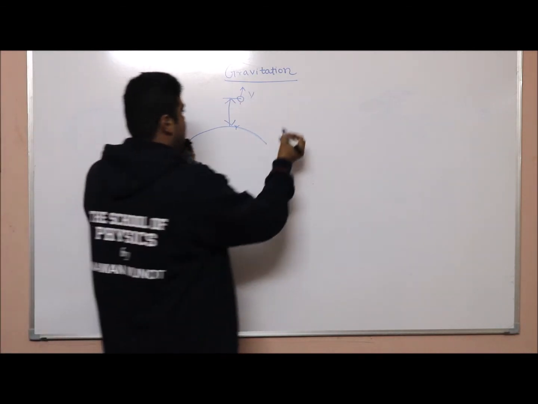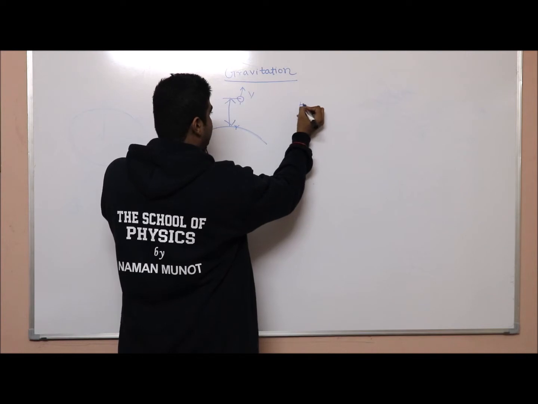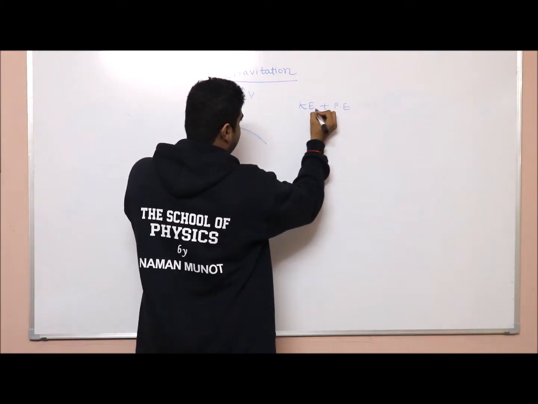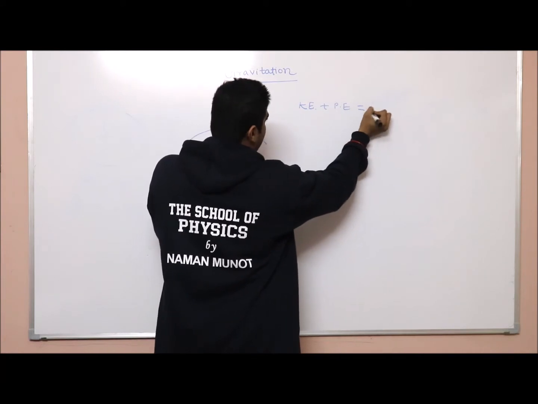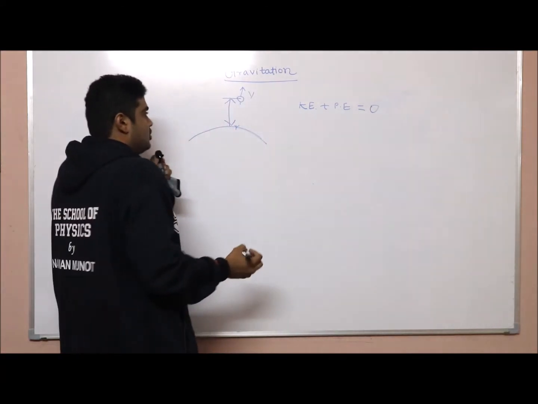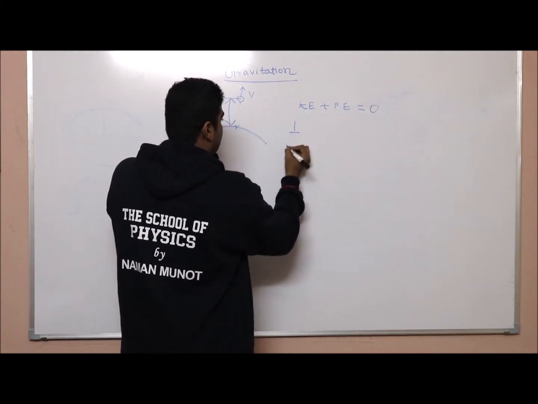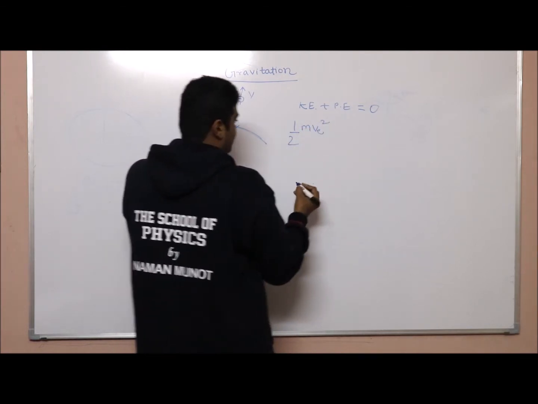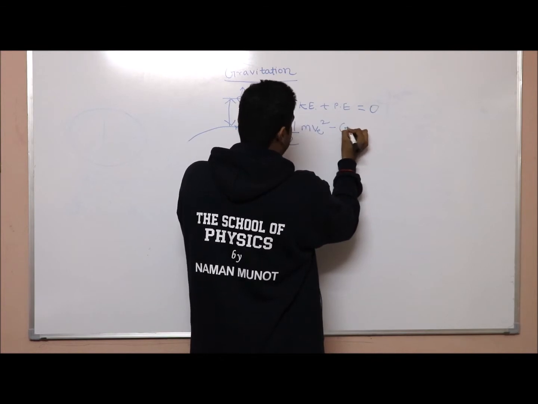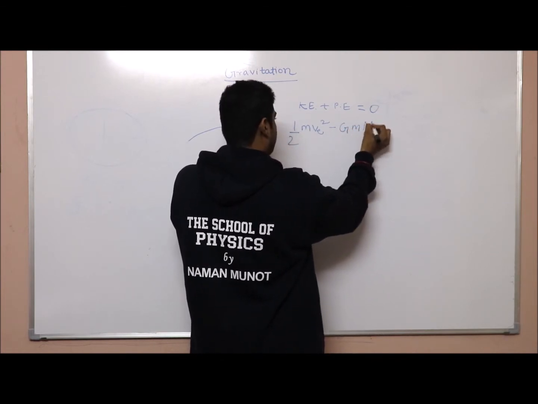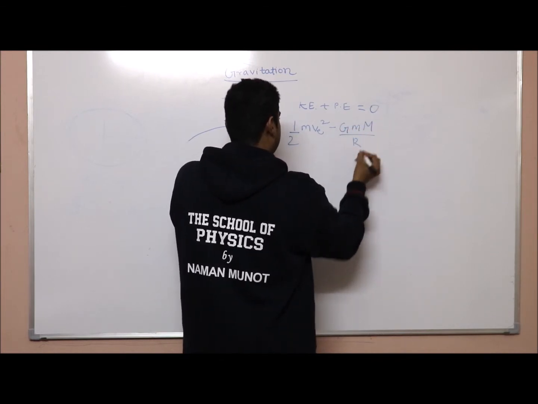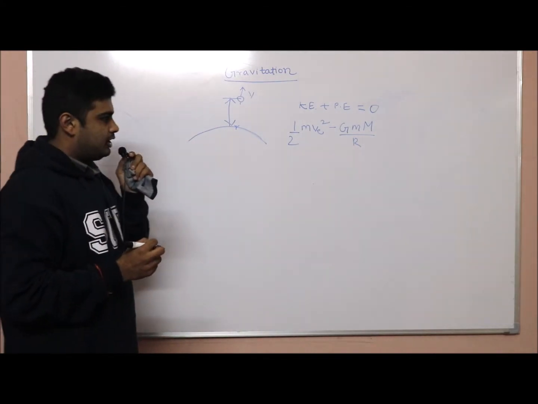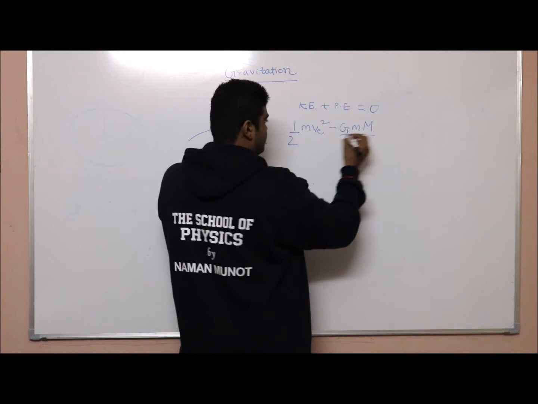So what we do in this case is we take the kinetic energy plus the potential energy of this satellite, and it should be equal to 0. So this is half m v escape square. What is the potential energy? It is minus G m M by r, minus G small m capital M by r equals 0.